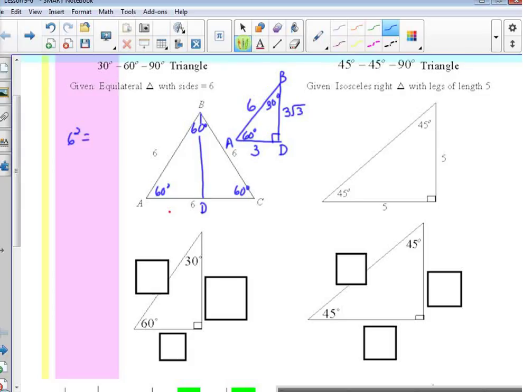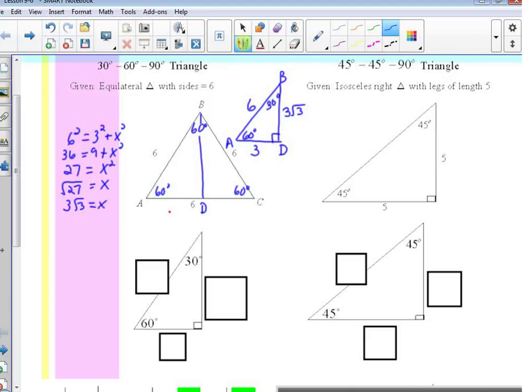So 6 squared should equal 3 squared plus x or y squared. So 36 equals 9 plus x squared, which equals 27, and so x would be the square root of 27, which is 3 radical 3.